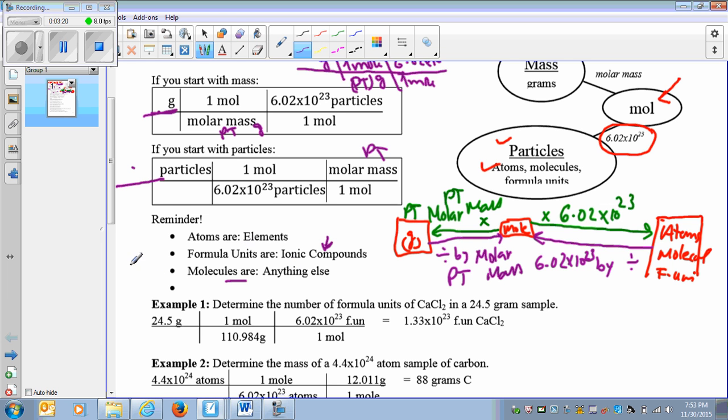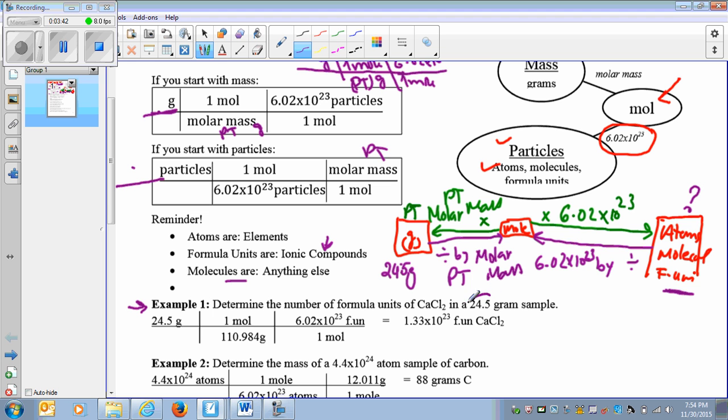So let's do example number 1. It says determine the formula units. So basically it's asking you to calculate the formula units. Formula units are on this side, and you are given 24.5 grams. You need to go to the formula units in example number 1.